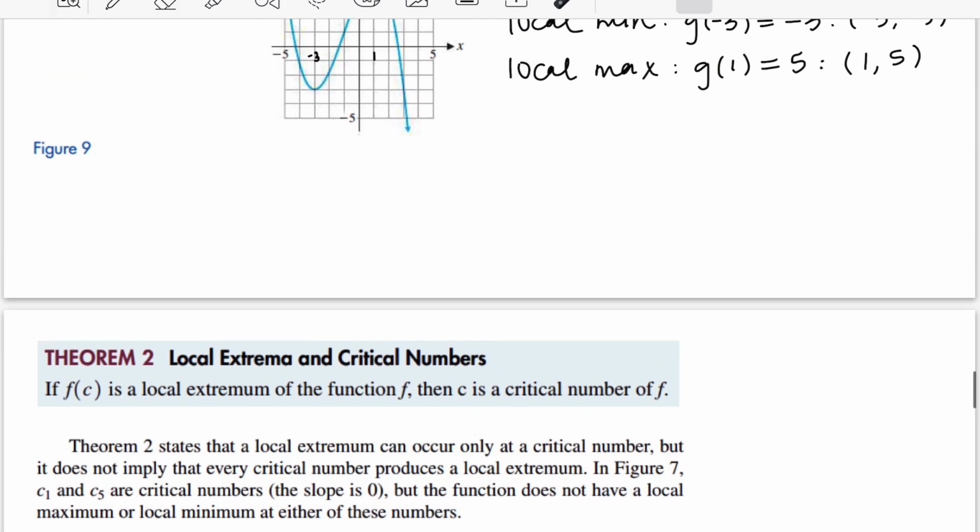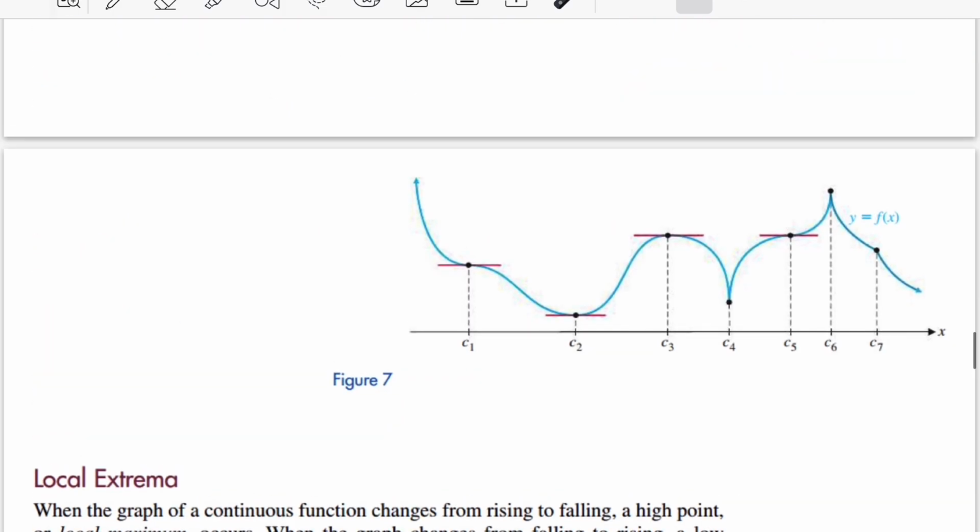Okay, so in this figure above here, points C1 and C5, as you can see, are critical numbers, but our function does not have a local minimum or maximum at either of these numbers. And we can see that just because our function is decreasing here and it's decreasing there.